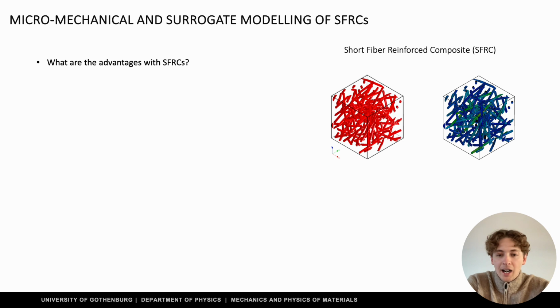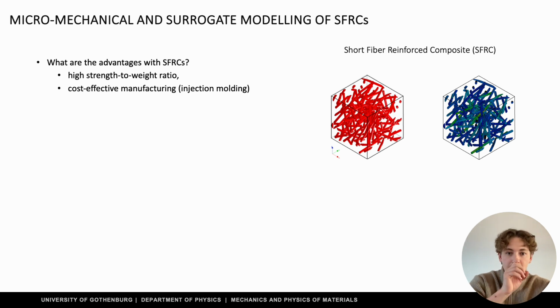Well, they have high strength-to-weight and stiffness-to-weight ratios, and are therefore suitable for lightweight applications. More importantly, they're also cost effective to manufacture and can be used in injection molding processes. One can therefore take complex 3D parts and manufacture them using a mold, so they can easily be mass produced.